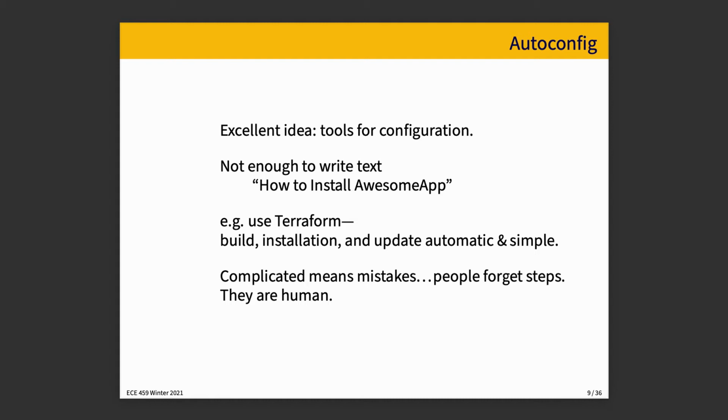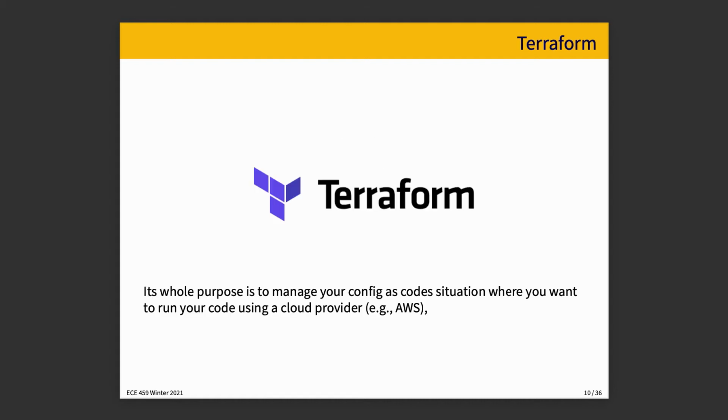People are human. One particular example of applying these principles to infrastructure is Terraform. Again, I'm not giving it in particular an endorsement, I'm just using it as an example. Its whole purpose is managing your configuration as code. So when you want to run your code using a cloud provider like AWS, you control the infrastructure using Terraform.